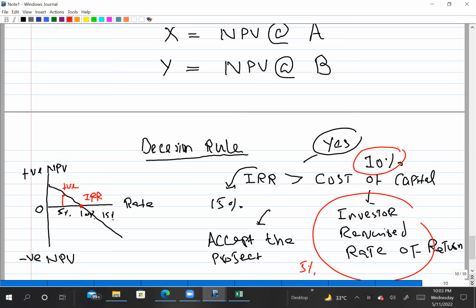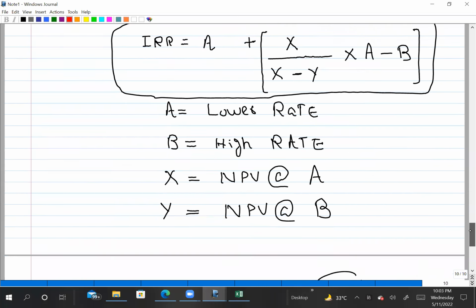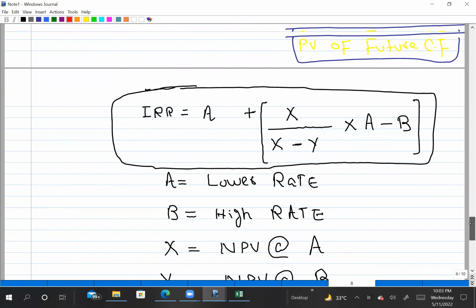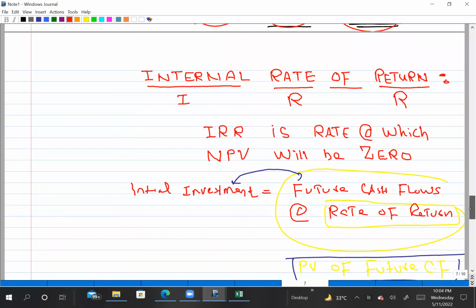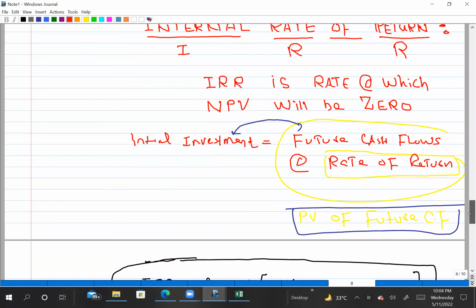If the calculated internal rate of return is greater than the investor required rate of return or cost of capital of the company, this is the decision rule of the IRR method. This is the concept which I have delivered to you. I'm not discussing it to a great extent.